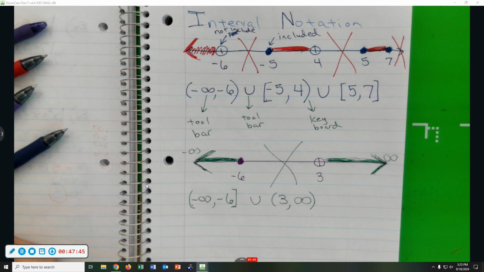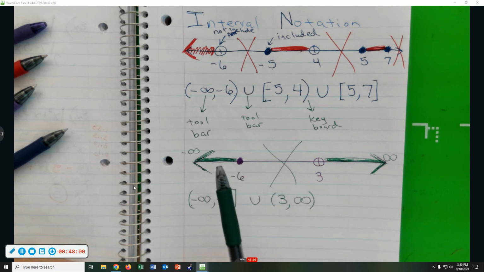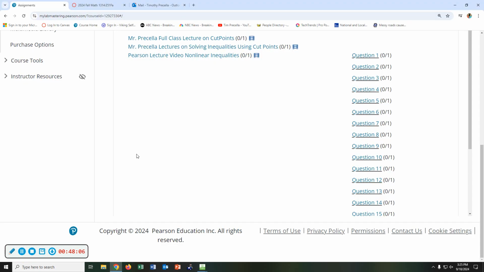In which interval is -10 located? Interval 1, 2, or 3? Okay, the first one. It's out here to the left of -6. Suppose I wanted 50. Where would 50 be located? Interval 1, 2, or 3? 3, okay.